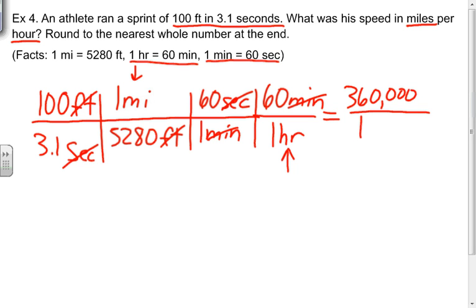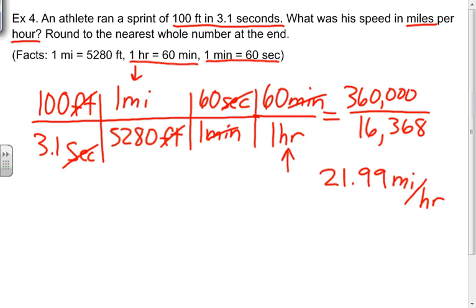And I get 16,368. I'm going to divide those two. And I get 21.99. Okay. And we had miles per hour.